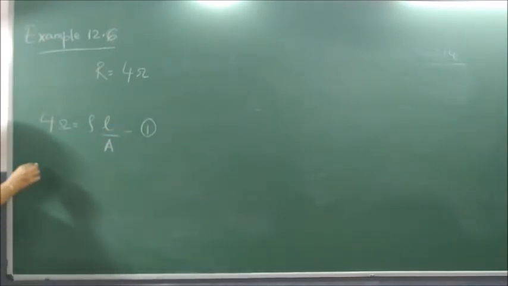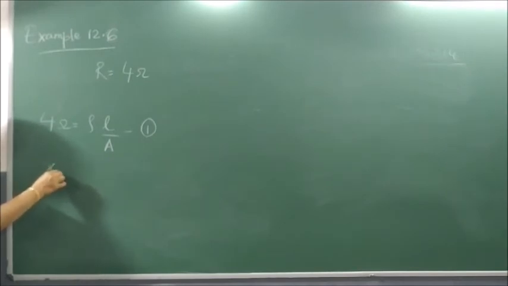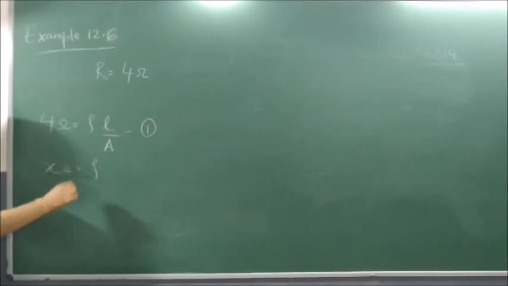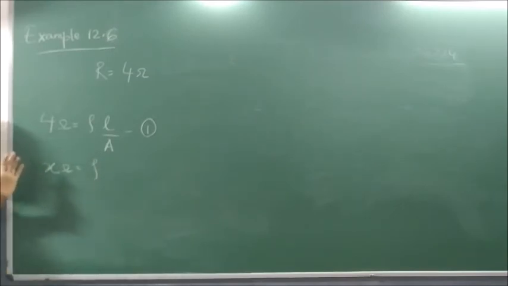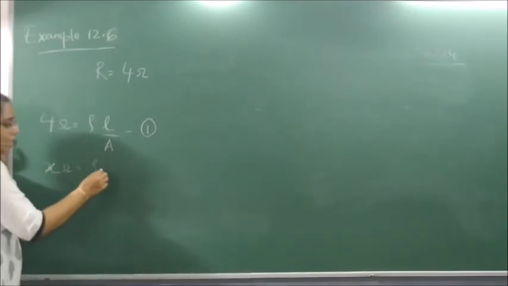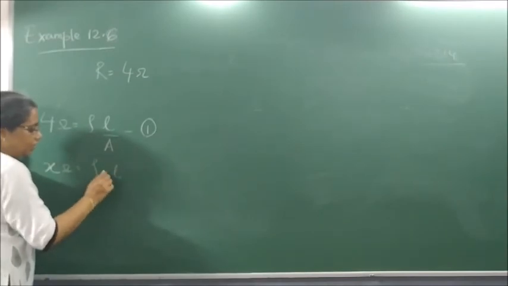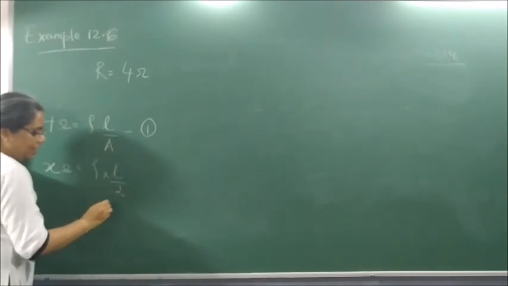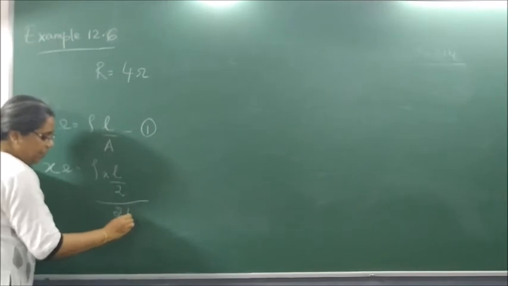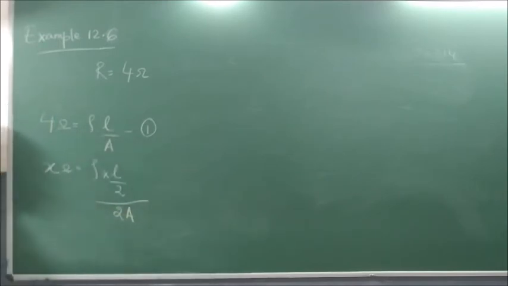Now, what will be its resistance? Let us say it is X ohms when it is made of the same material. So rho remains rho, length becomes L by 2 and area becomes 2A. This is what is asked.